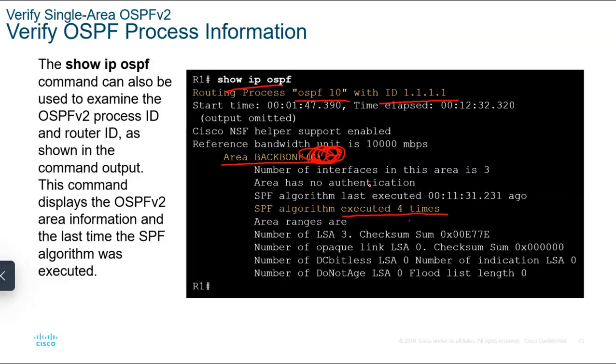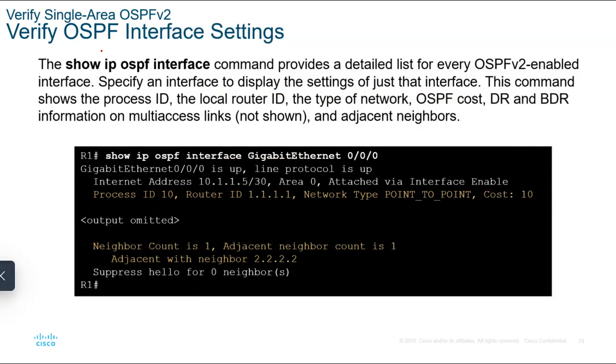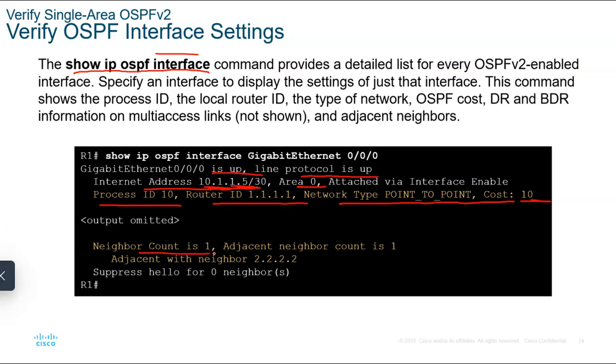And then the interface settings, as you can see, show ip ospf interface. If you run that, it's up, line protocol is up, the internet address on this interface is here, the area is here, the process ID is 10, the router ID is this, the network type is point to point, and the hello is 10. The neighbor count is 1 in R1, and the neighbor is point to point.